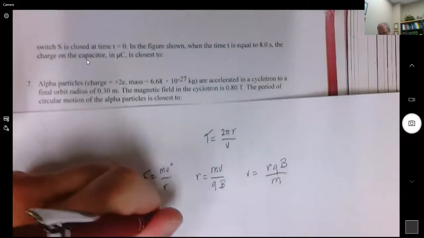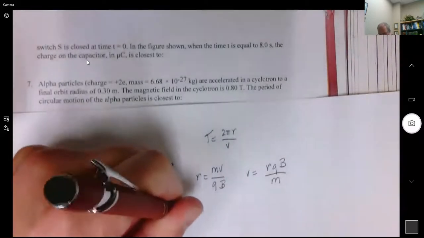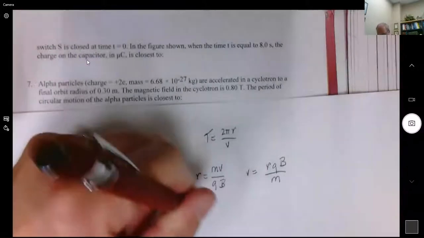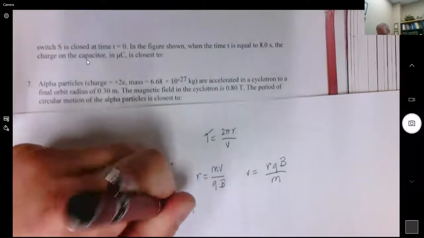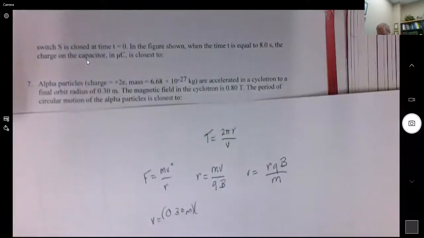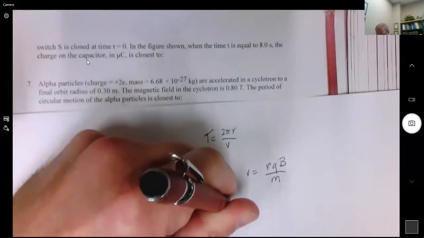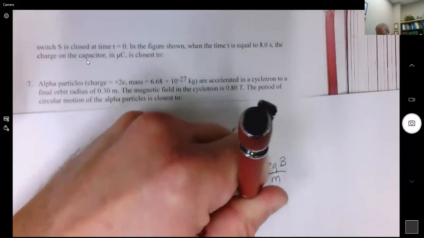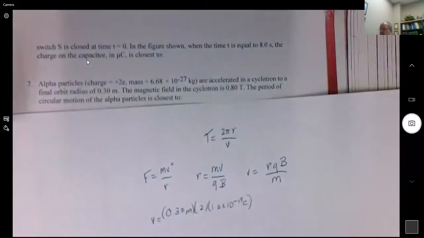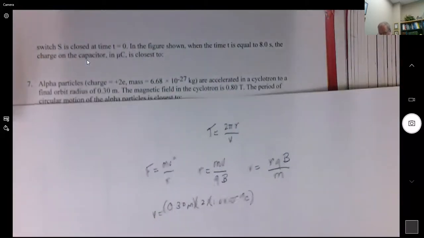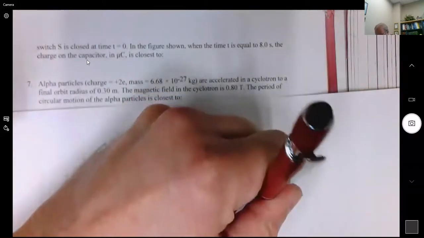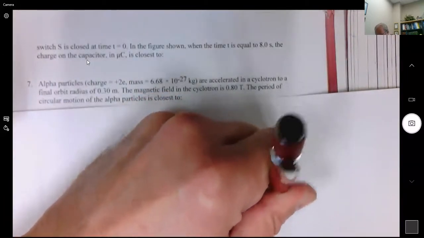Okay, so we just move down here. The radius is 0.3 meters. The charge is 2 times an electron, only it's a positive charge. Okay. The magnetic field is 0.8 Tesla.